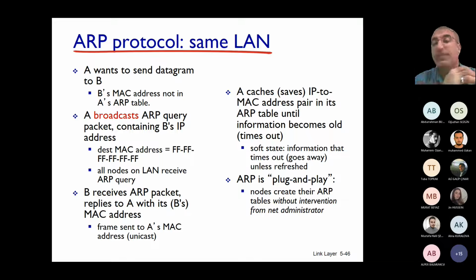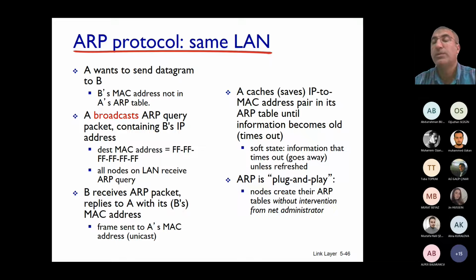Once A receives B's MAC address, it saves the IP to MAC address pair in its ARP table, and this information can live for the amount of the TTL. Remember, it was about 20 minutes. It is soft state information that times out and goes away unless refreshed.